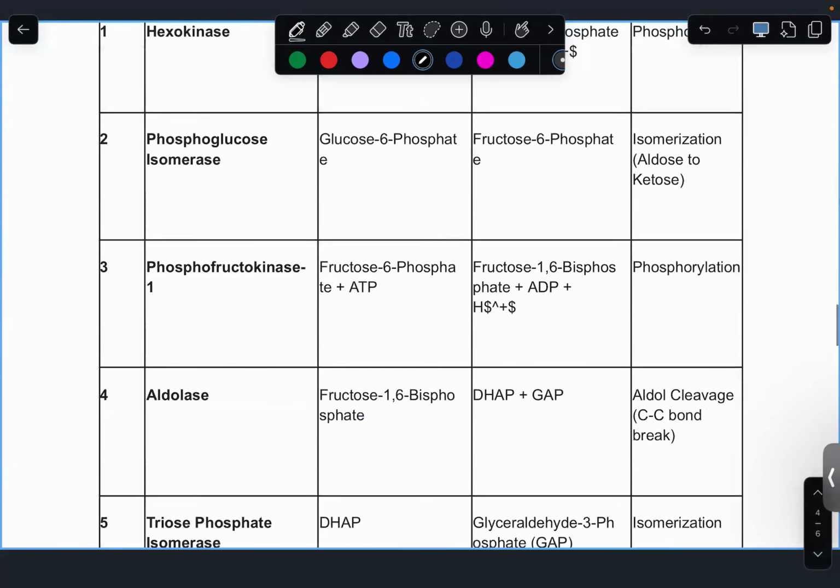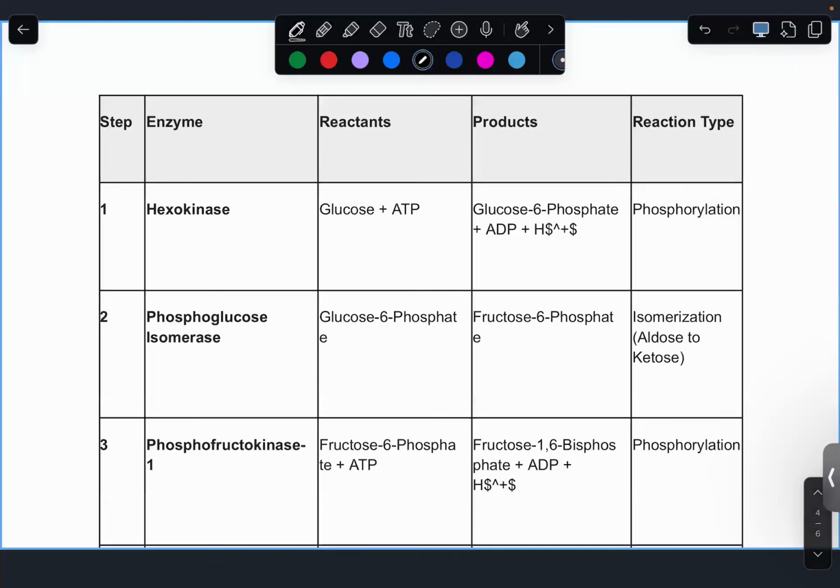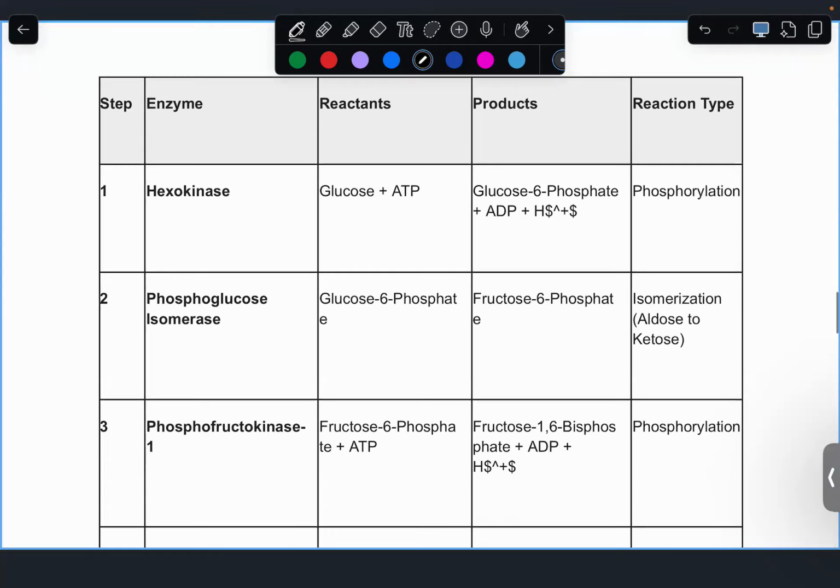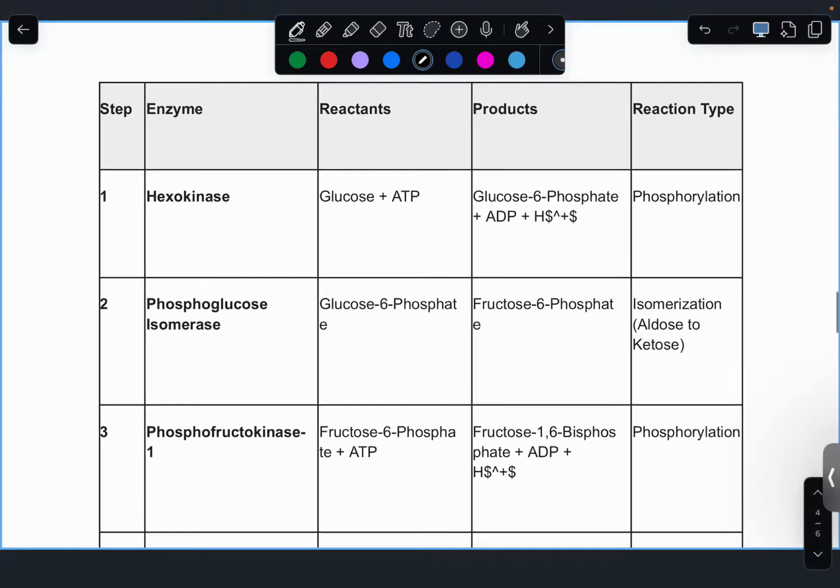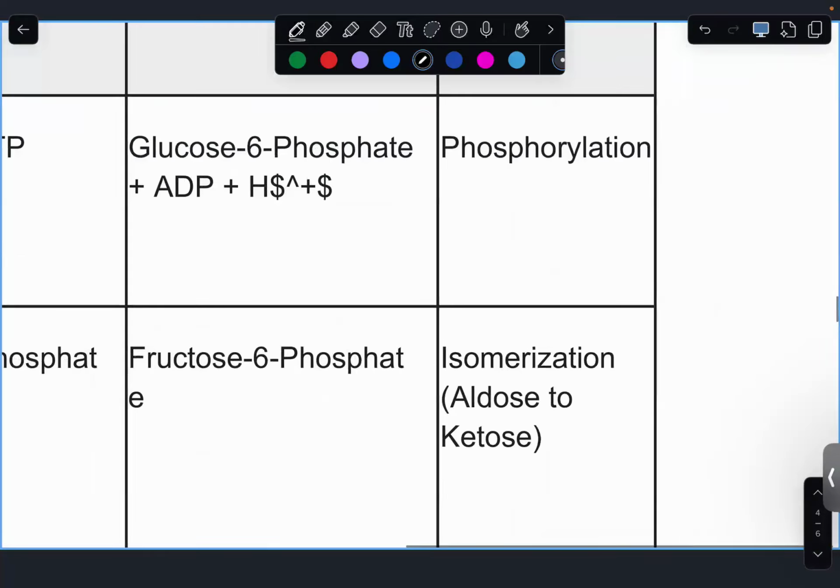I have a table later on down here that lists the enzyme, the reactants, the products, and the reaction type. None of this is really new chemistry. It's just applied in a different context. So phosphorylation really is the organic equivalent of nucleophilic acyl substitution.